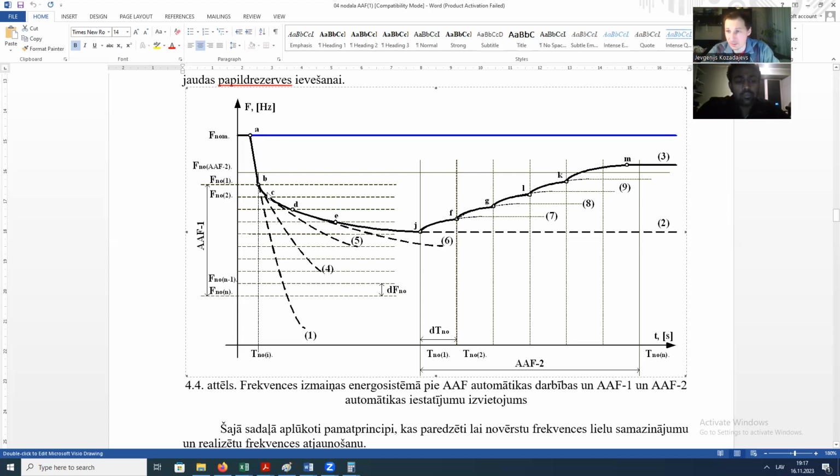And if we decrease the imbalance, it means that the speed of frequency drop decreases as well, yeah?